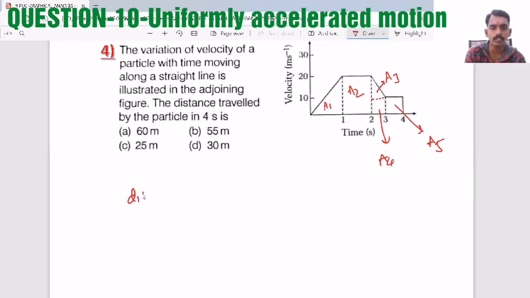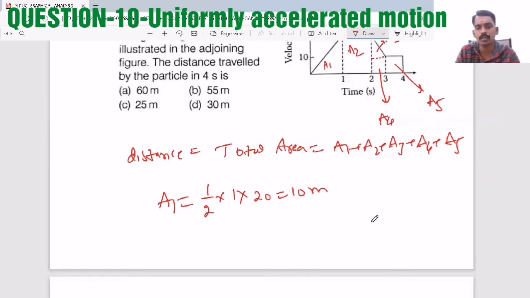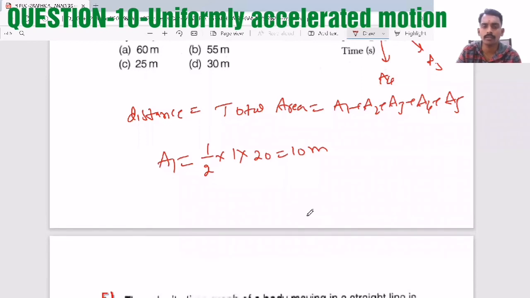Now the total distance means total area, so total area equals A1 plus A2 plus A3 plus A4 plus A5. Now you find one by one. A1 is a right angle triangle, half into base 1 into height 20, that is 10 meter. In the same way you can find A2, A3, A4, A5, and if you add all of them, you will get the answer.